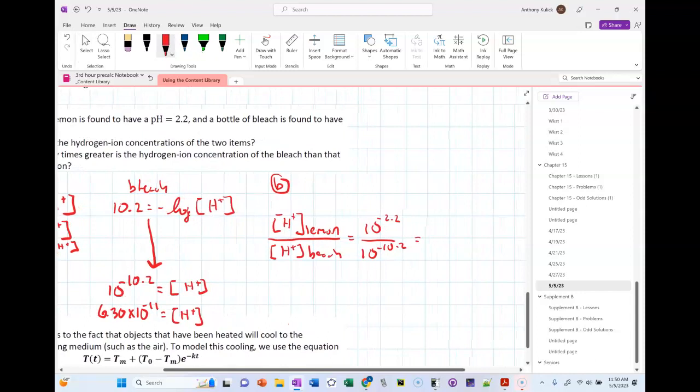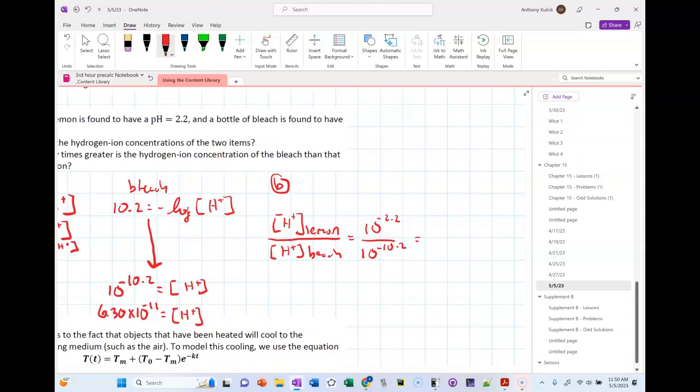Now, I could have taken those two numbers from my calculator, but I'm going to use the exponential form because this is easy to simplify by hand, right? So once again, I'm just going to subtract the exponents.